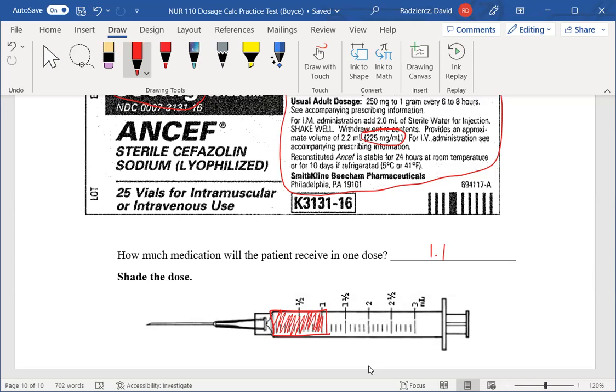Then they might do the oral meds like tablets and capsules, and then the oral solutions, then the injectables, then the reconstitutions involved with that. So it just depends. I don't know the order. The order's probably going to be randomized.